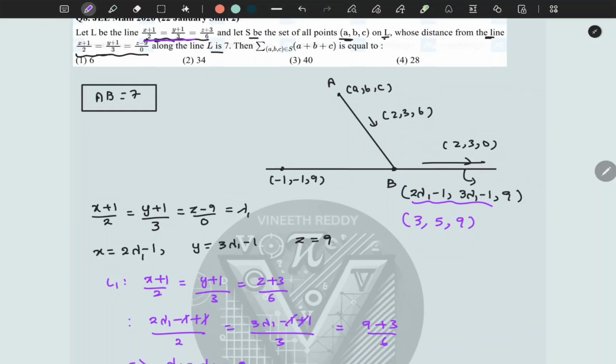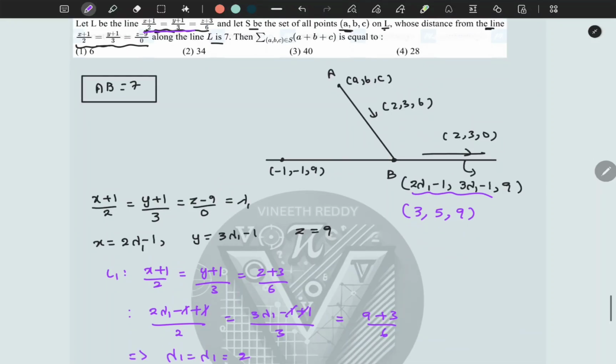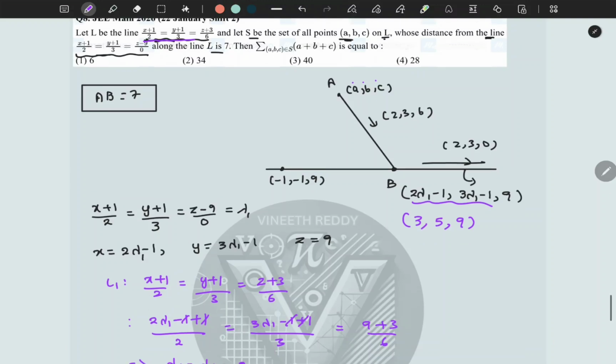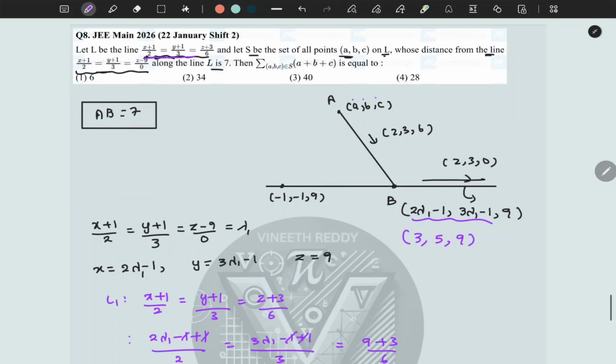We have to use that condition definitely, but the interesting thing is, if I try to keep 3 variables here, A, B, C are 3 variables, then we have to solve for 3 equations. Instead of that, what we can do is, we will assume a point on AB. That means on the first line, because A lies on this first line.